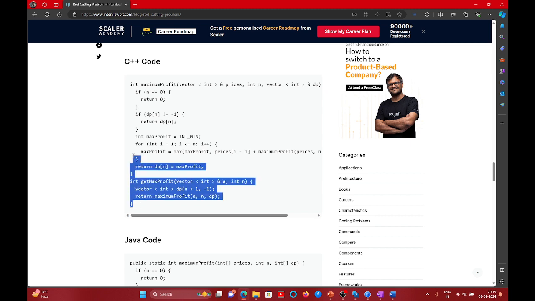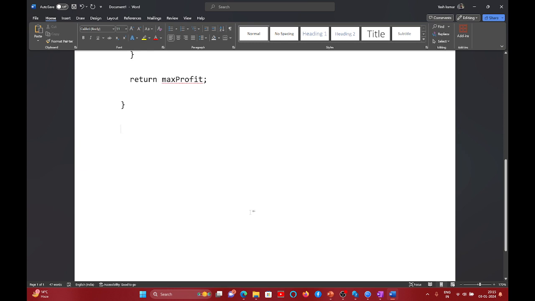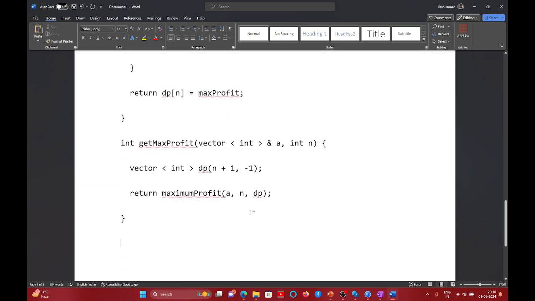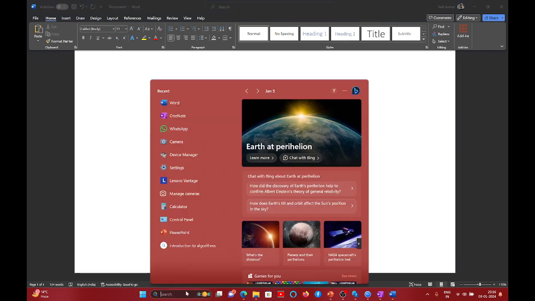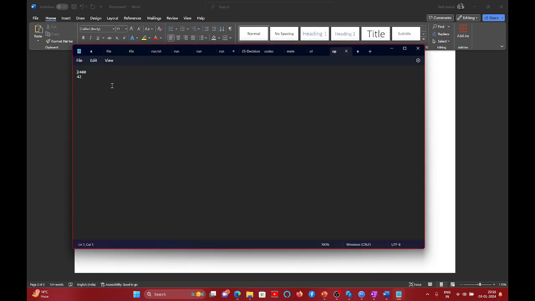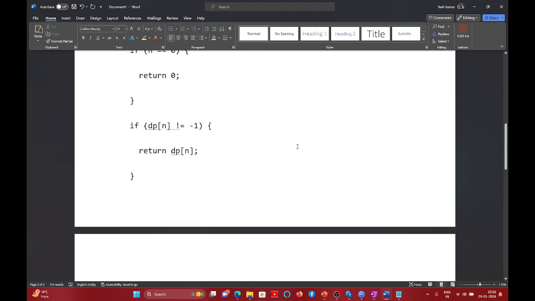So I'll just copy it, and let's look at our code here. What can you observe as the difference between our original function and this function?